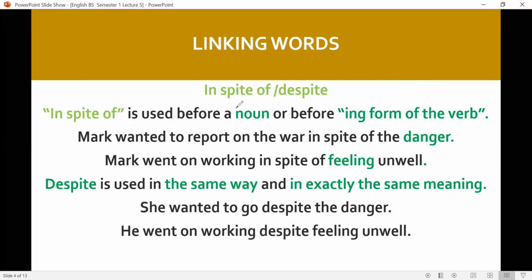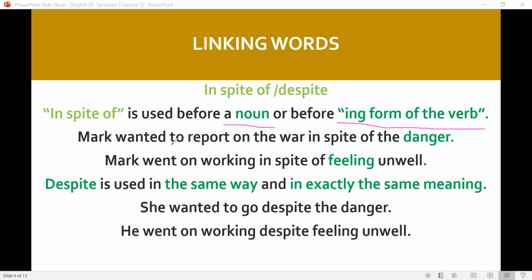In spite of and despite. In spite of is used before a noun. Mark this in your notebook. Keep this in your mind. The words in spite of and despite have the same meaning, but their usage is different. In spite of is used before a noun or before the ing form of the verb.